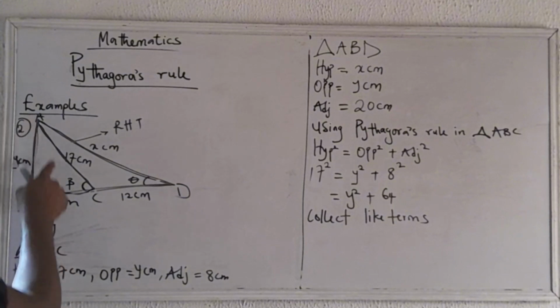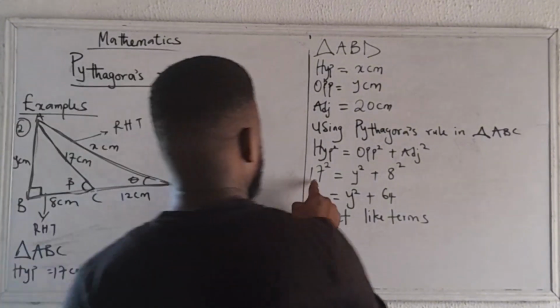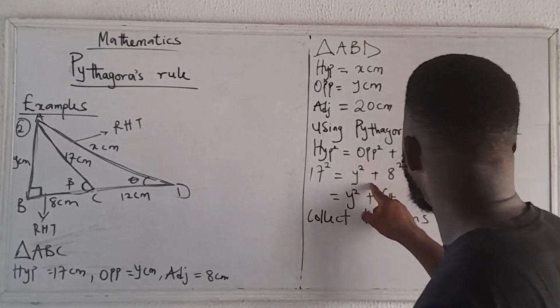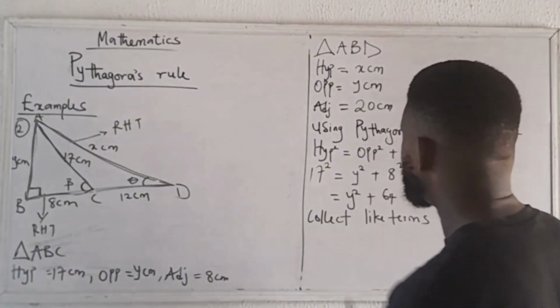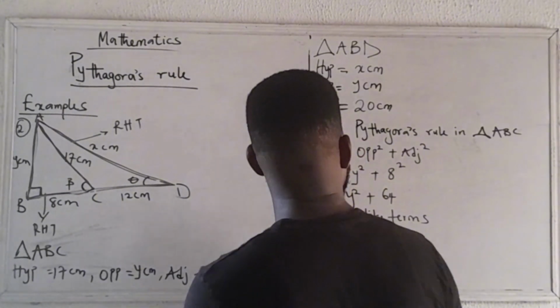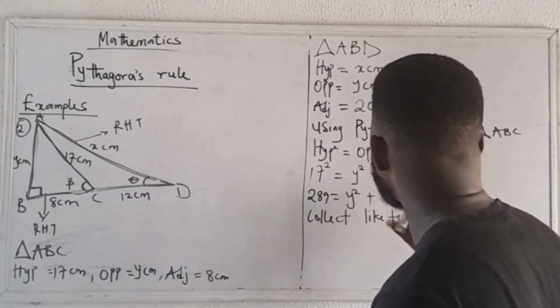The hypotenuse for triangle ABC is 17 centimeter, not 7, right? So we have 17 square equal Y square plus 8 square, right? 17 square is 289. So we say 289 equal y square plus 64.